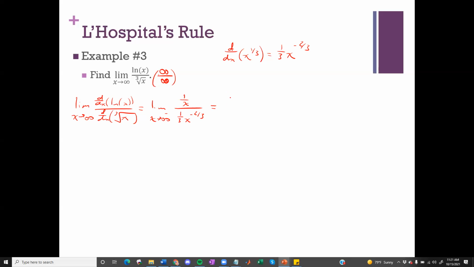And in the meantime, instead of dividing by 1/3, I'm going to treat it as multiplying by 3. So let me do this first. I'll write it as 3x to the negative 1 over x to the negative 2/3. So that's going to give me 3 over x to the 1/3, right?